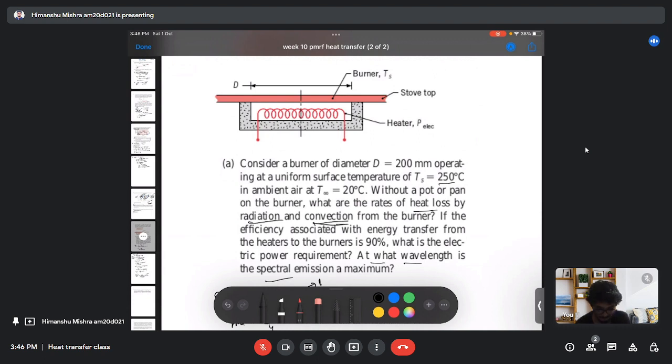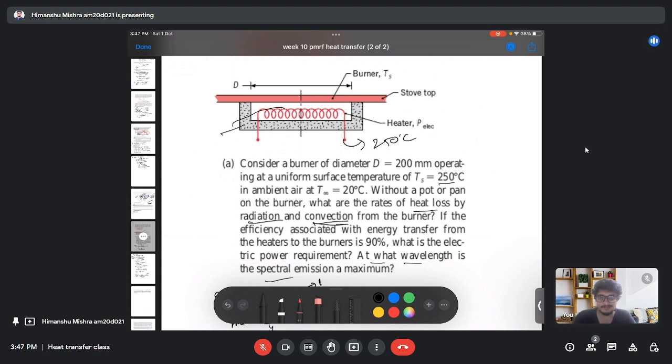That means there is a flow of air across the burner, which is actually taking the heat away from the burner through the convection process. And since the burner is at a temperature of 250 degrees Celsius, we have to consider radiation heat transfer also. So there will be heat loss due to two modes, radiation heat transfer as well as convection heat transfer.